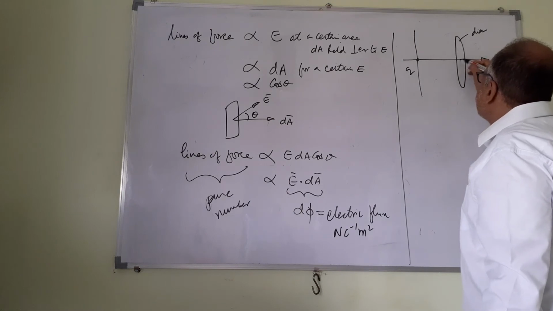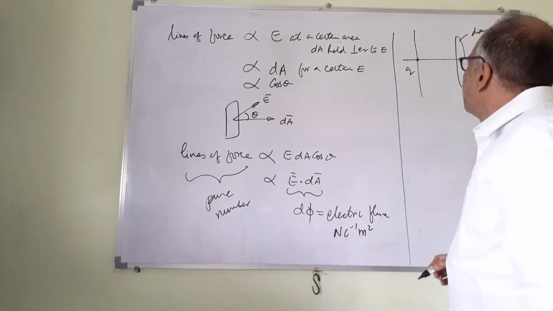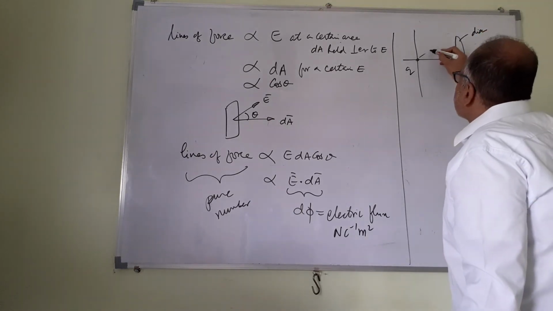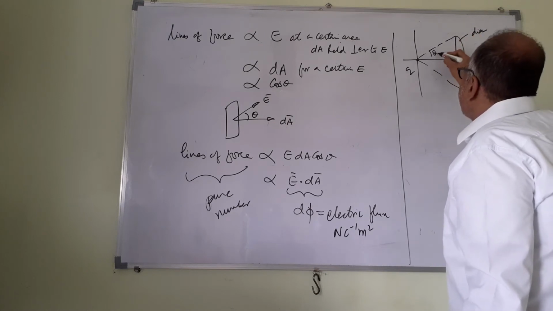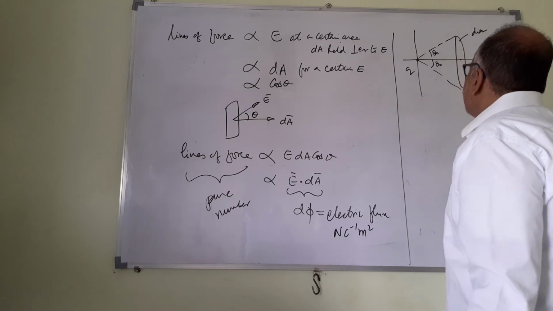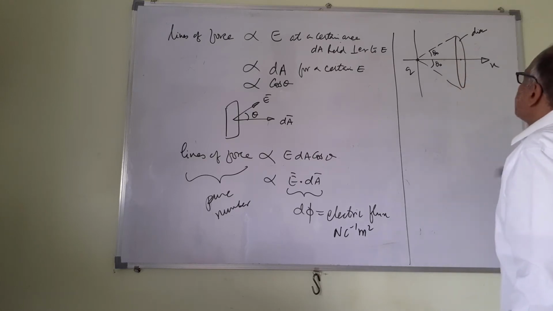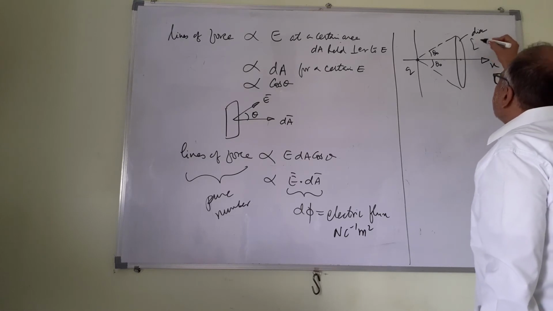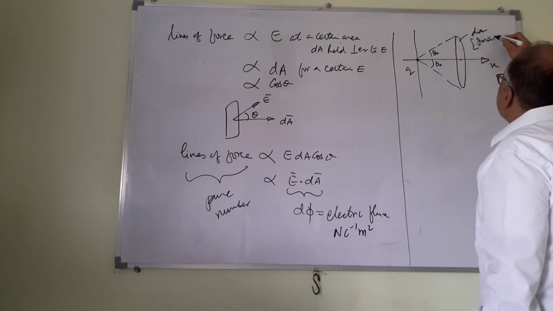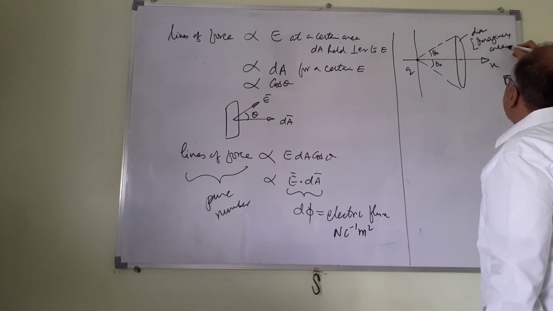Its center lies on the x-axis, and this q subtends an angle theta naught at this disk. This disk is an imaginary surface. I mean, there is no disk which you are placing there. It is an imaginary area.